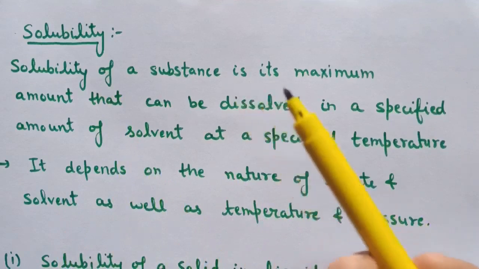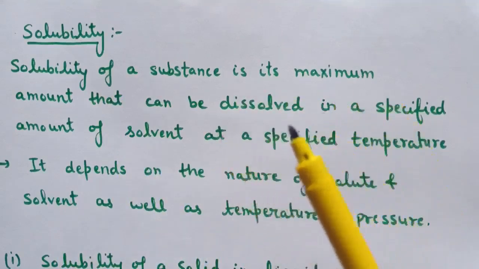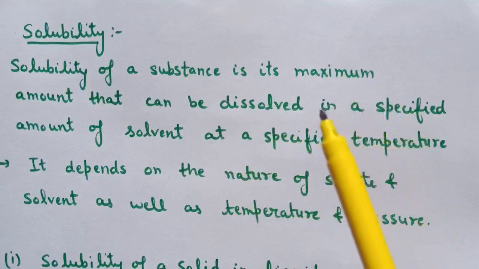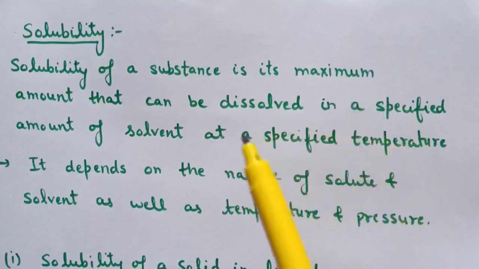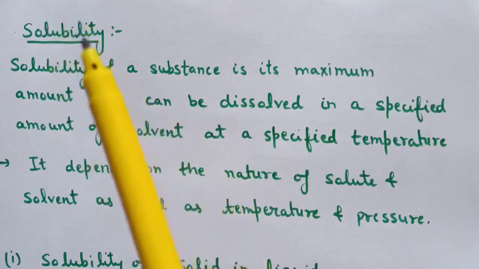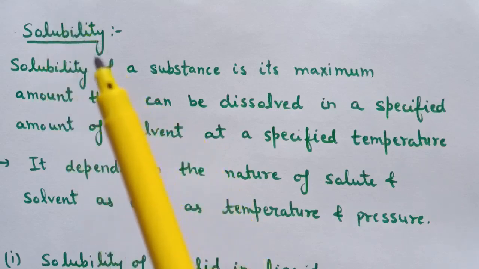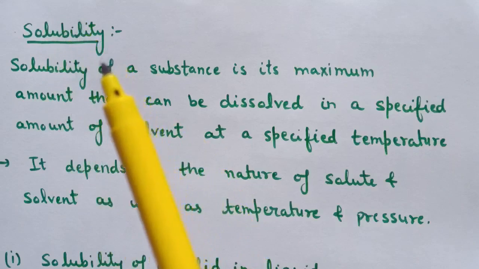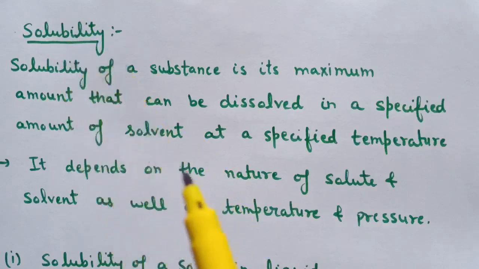So solubility is the maximum amount of solute that can be dissolved in a specific amount of solvent at a particular temperature.